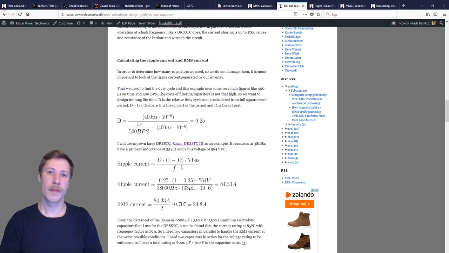These have extremely low ESR compared to electrolytic capacitors, so they will be able to deliver current in maybe a tenth of the time.